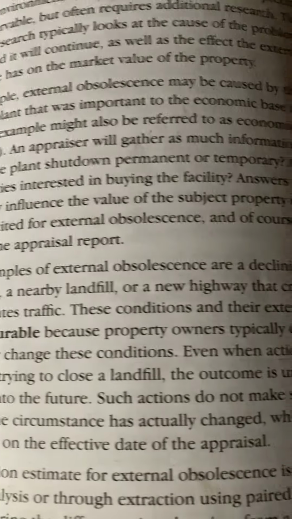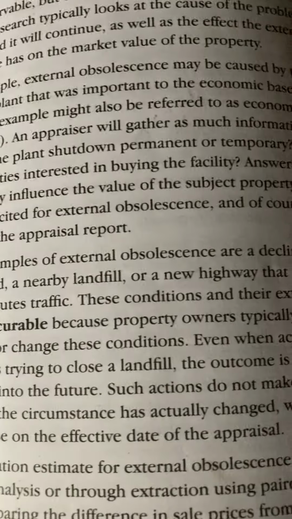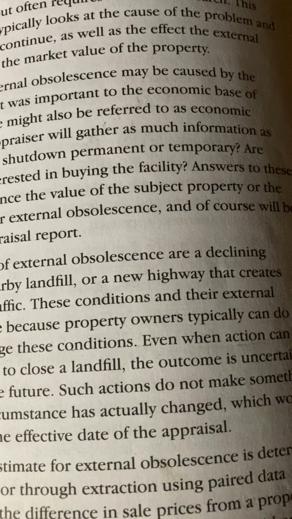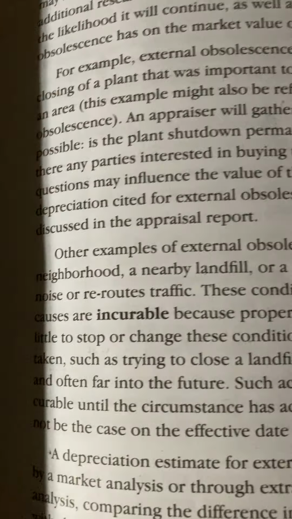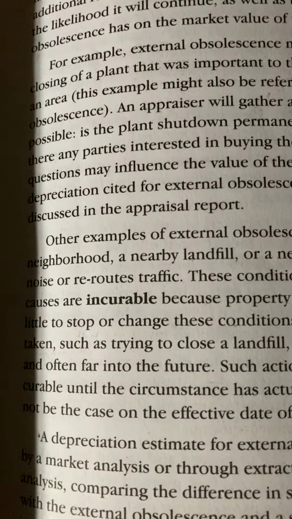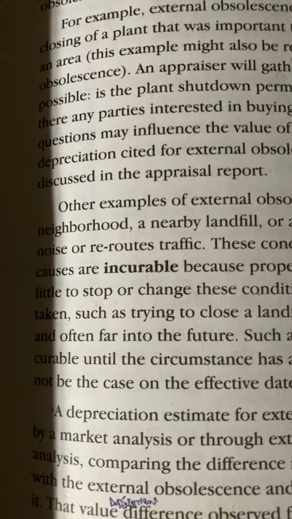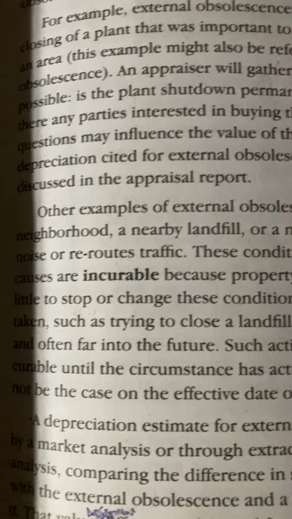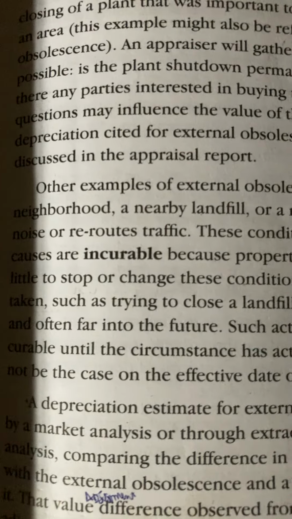An appraiser will gather as much information as possible. Is the plant shut down permanent or temporary? Are there any parties interested in buying the facility? Answers to these questions may influence the value of the subject property or the depreciation cited for external obsolescence, and of course will be discussed in the appraisal report.